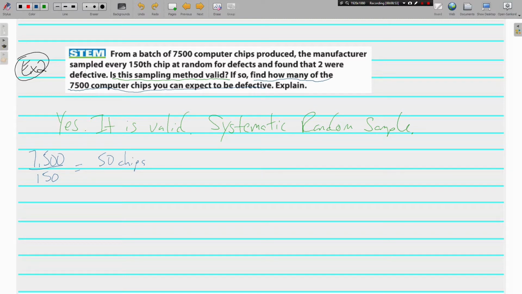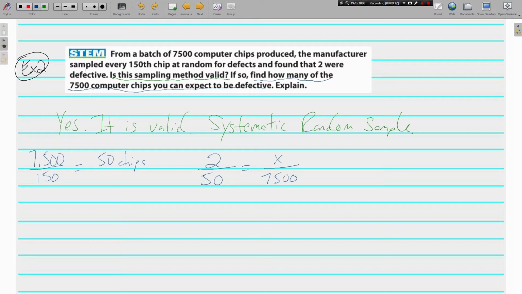All right, so I'm going to use a proportion for this. They found that 2 out of 50 were defective, and so we want to know how many out of 7,500.